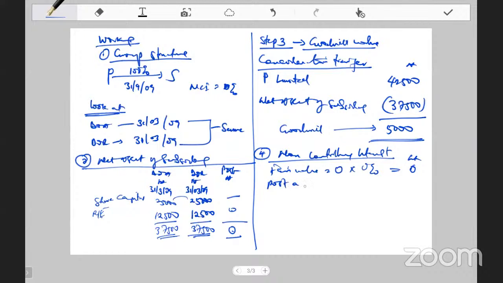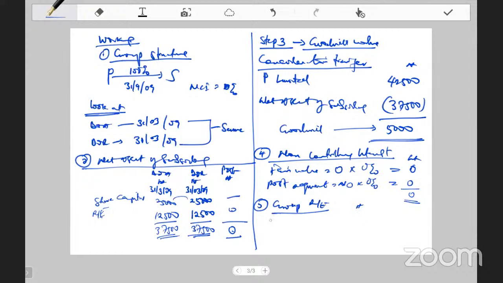Post acquisition is also 0 naira, and the post acquisition share is also 0 naira at 0%. So the NCI value is equal to 0.